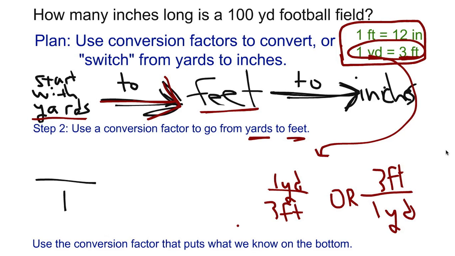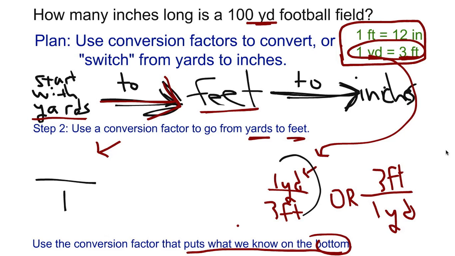We must use the conversion factor that puts what we know on the bottom. Now, we know yards. That's given to us in the problem. Over here, yards is on top. We cannot use that one. We need to use the one that puts what we know on the bottom.